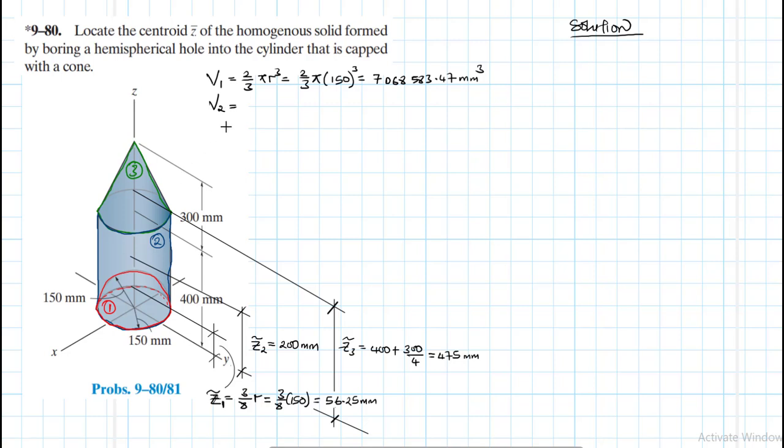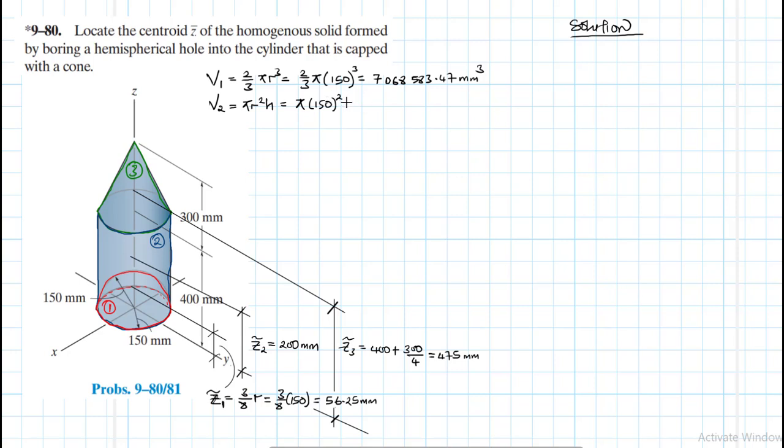We shouldn't forget that the volume of a cylinder is pi r squared h. So we have pi, and the radius, of course, is 150 squared.